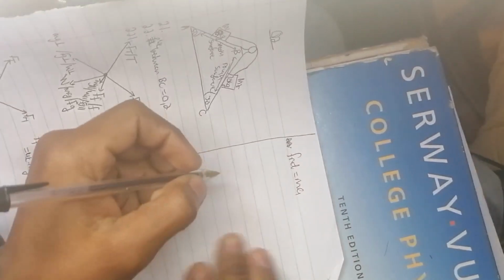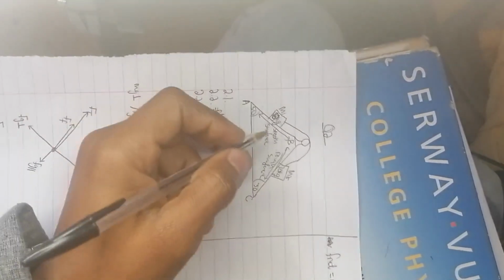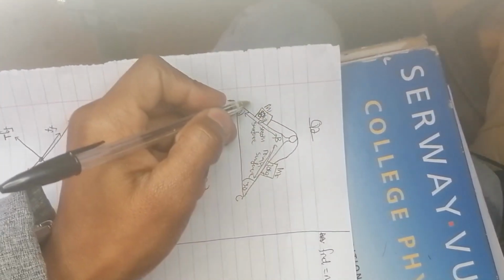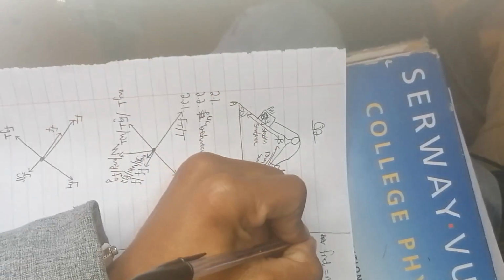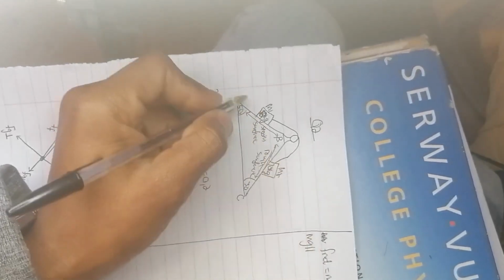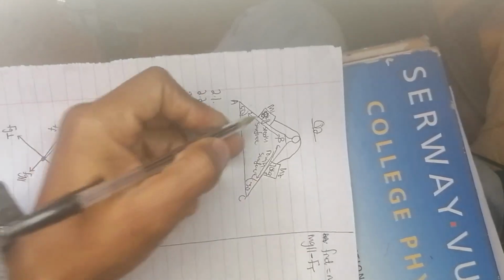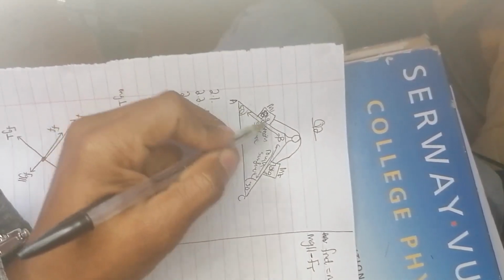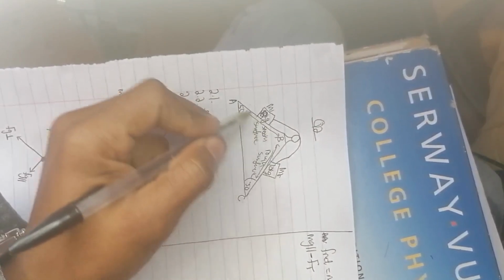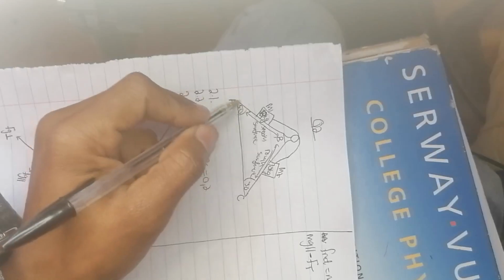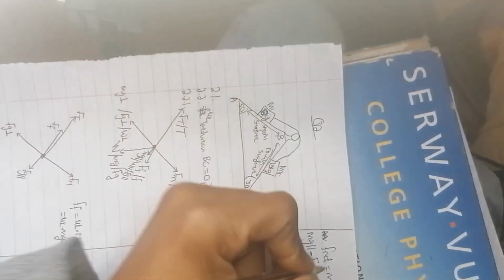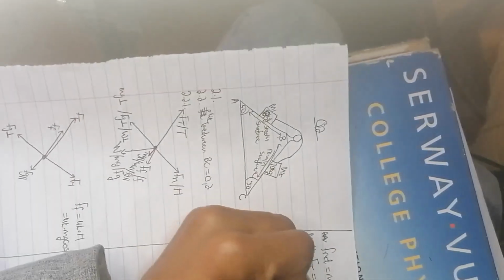Let me take out the page. So if we are going down, I have mg parallel, which subtracts the force of tension. Remember, this is smooth, so there is no friction, so there are only two forces acting here, mg parallel and tension, and this is equal to the mass times the acceleration, which is 12a.